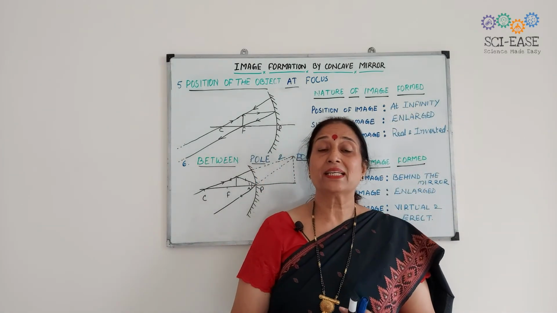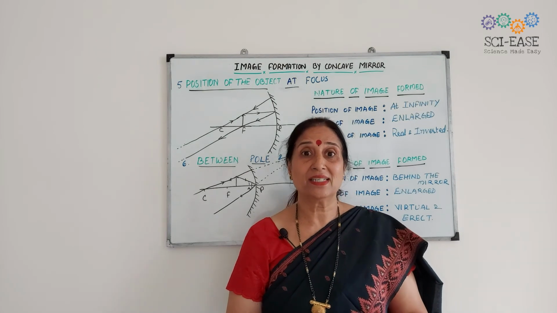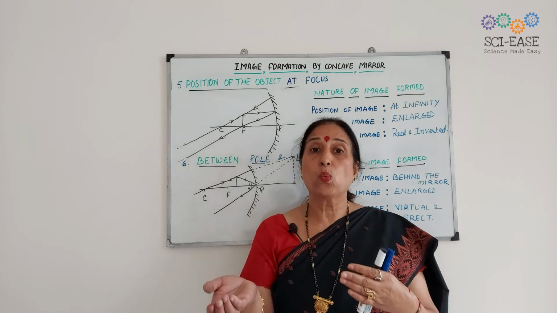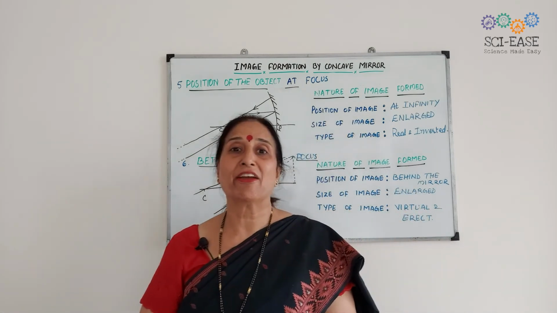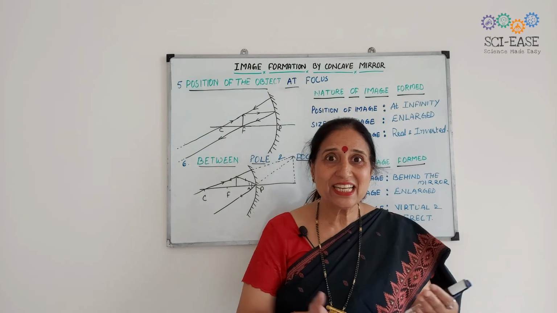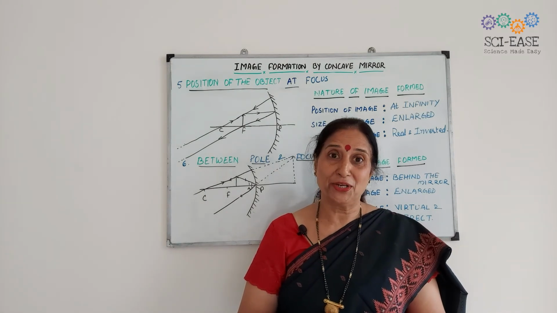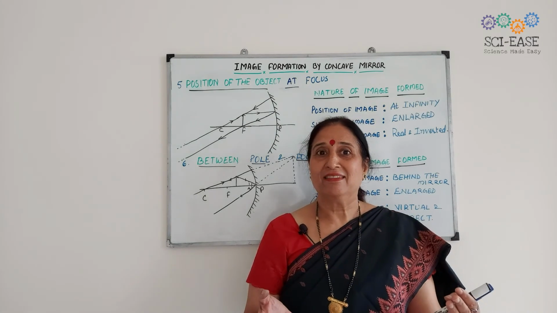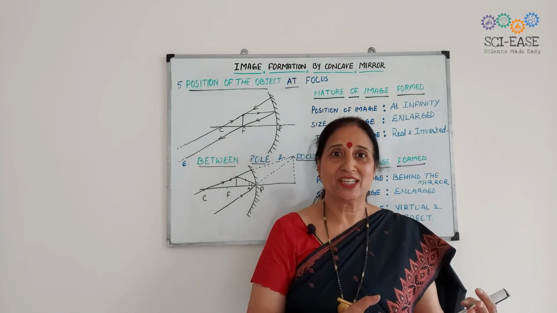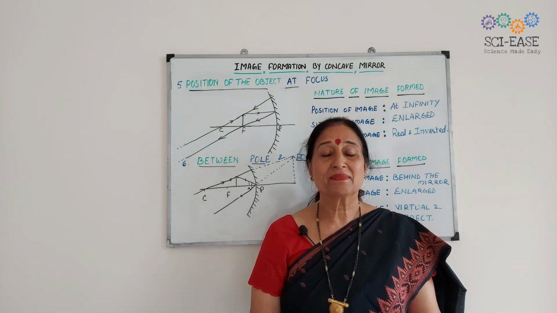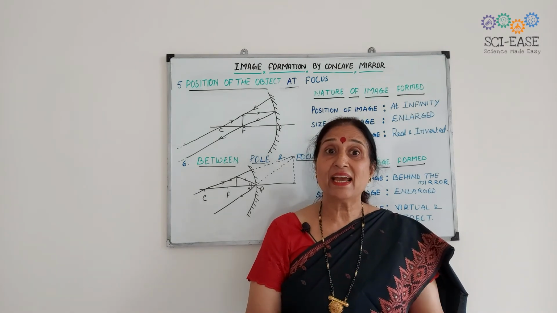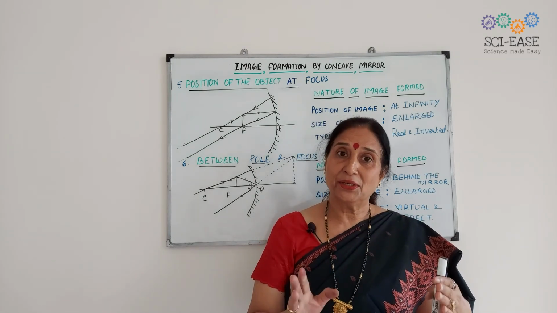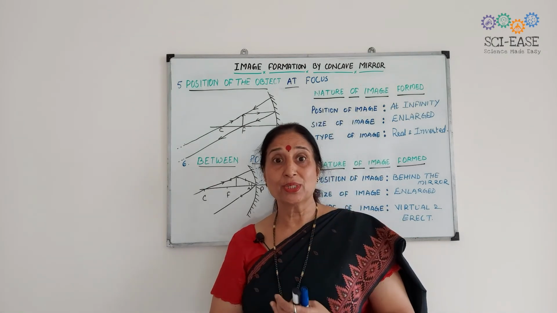Now, sometimes a one mark question is asked: write one or two uses of concave mirror. So where are these concave mirrors used? You must have seen the headlights of cars, or torches, in them concave mirror is used.